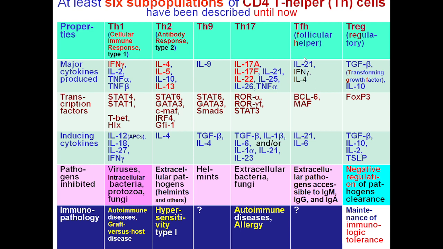It means T follicular helper produces a cocktail of cytokines that stimulate replication of all other T cells, including helper 1, 2, 17, in the lymphoid organs. Follicular means T follicular helper stimulates proliferation of activated T cells in the germination follicles of immune organs.